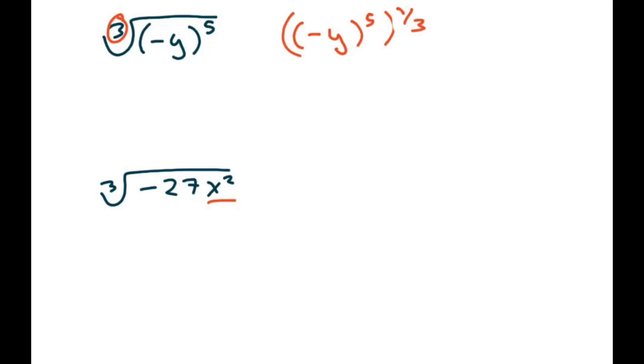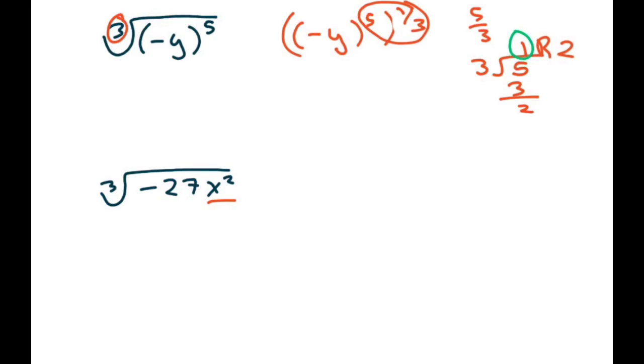So this is 5/3 if you multiply those two, and you divide: 3 goes into 5 one time, and we're left over with 2. Since we have 1, that means I can pull out 1 negative y. I am left with 2 inside, so I still have my cube root, and I'm left with 2 inside. And I pulled out the negative, the first one.